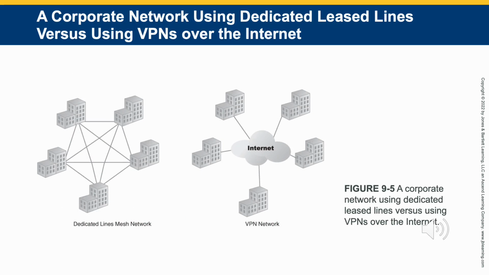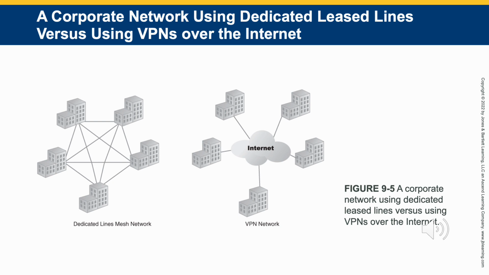In this example, we see two corporate networks using different methods. One is using dedicated leased lines, on the left, so they would have to lease telco lines from each building or corporate network location to each other to create the mesh network so that each one could talk to each other. That's very expensive this day and age.